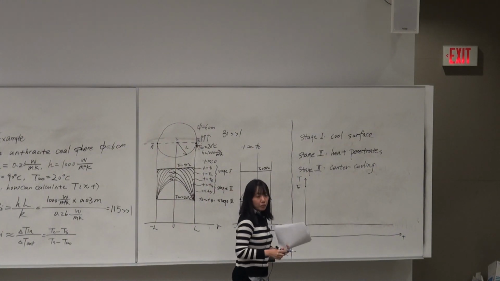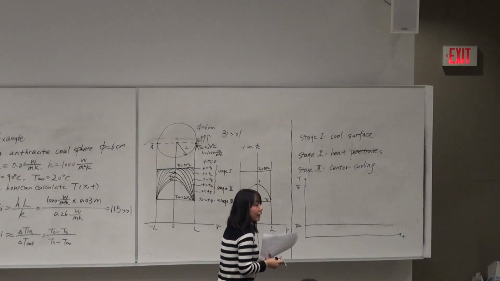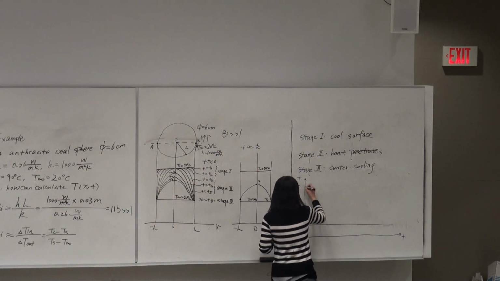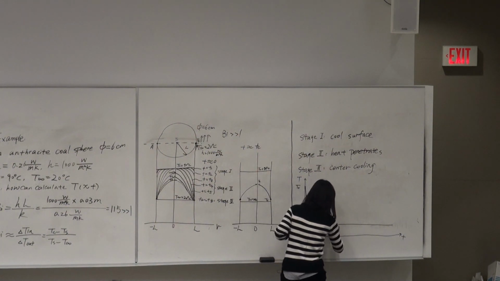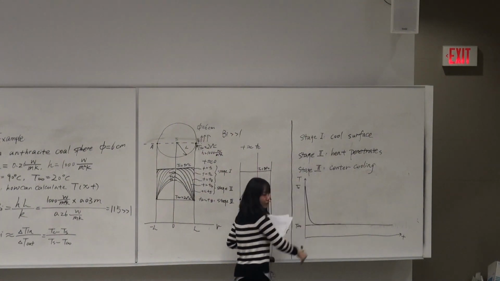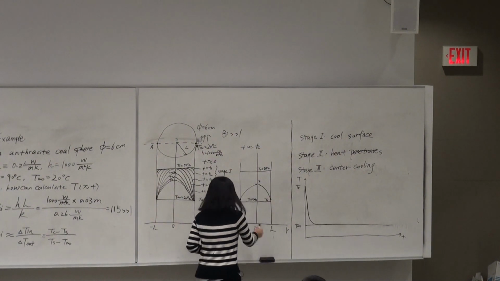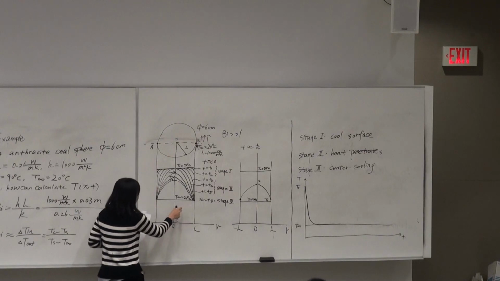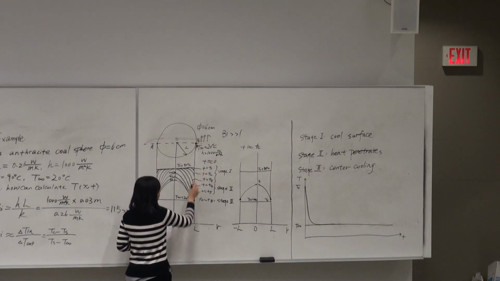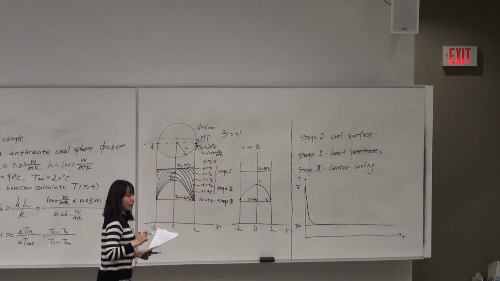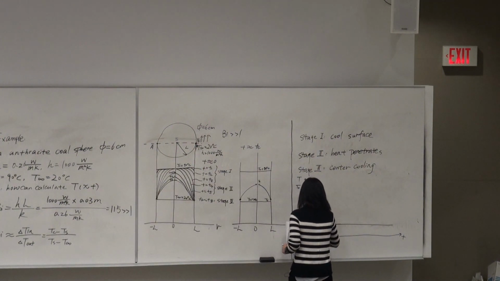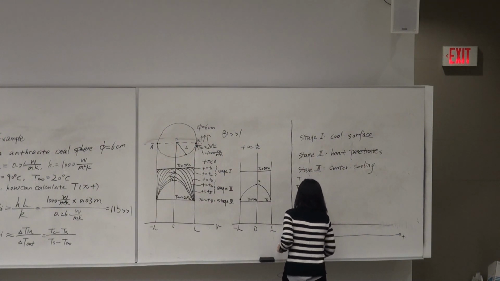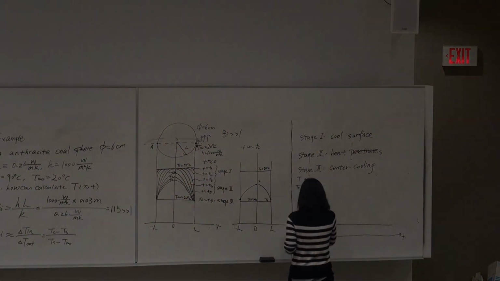How does it vary with time? Exactly, it will get cooled down really quickly, and then maintains the temperature of the fluid. That's our stage 1, from T1 to T3. The surface temperature gets cooled down by the intense convective cooling.